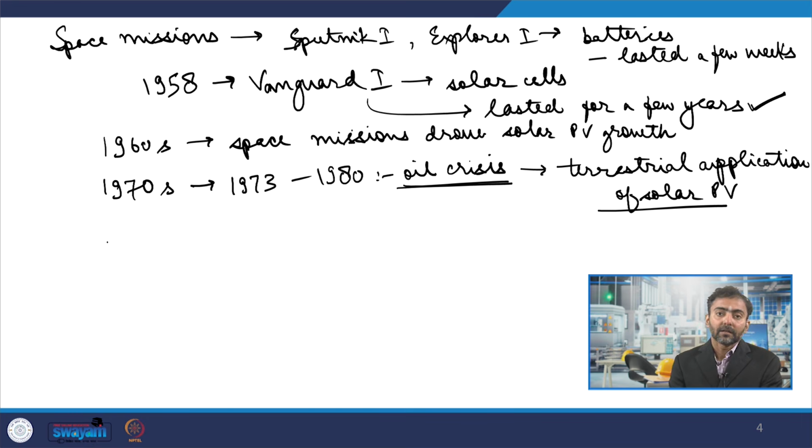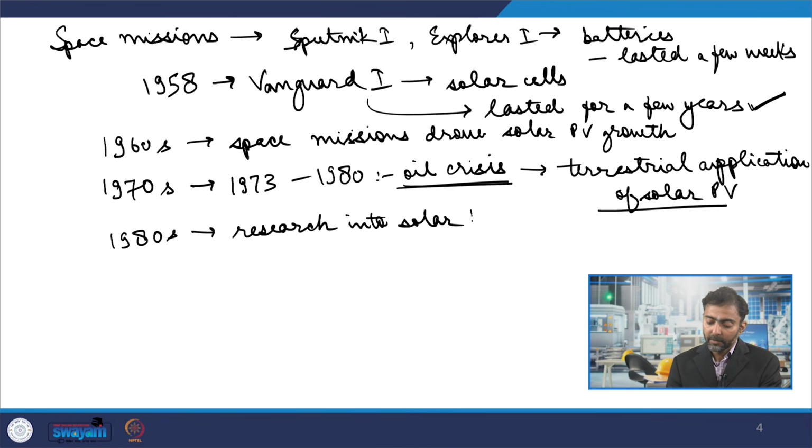So in the 1970s and 1980s, a lot of research went into production of better solar cells. A lot of research started happening on solar PV, on production of better quality, more efficient, more cost effective solar cells. That was the time in the 1980s when we started looking at solar PV as a terrestrial source of power.